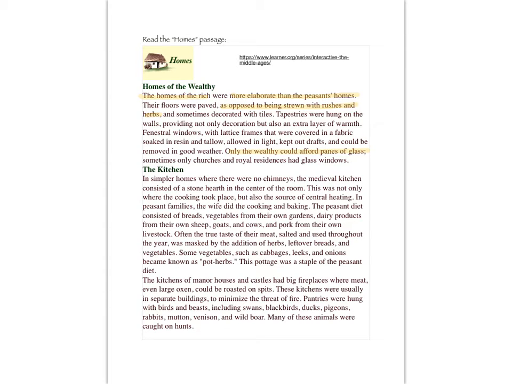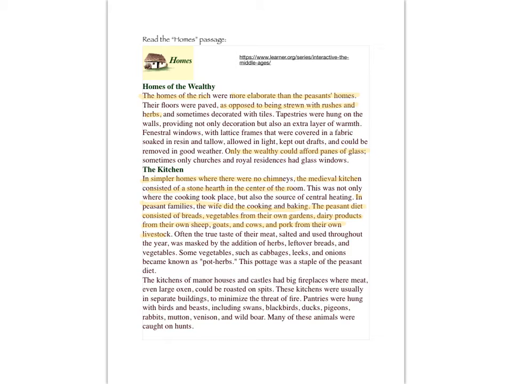So in the kitchen, it says, in simpler homes, there were no chimneys. The medieval kitchen consisted of a stone hearth and in the center of the room. This was not only where the cooking took place, but also the source of central heating. In peasant families, the wife did the cooking and baking. The peasant diet consisted of breads, vegetables from their own gardens, dairy products from their own sheep, goats, and cows, and pork from their livestock.